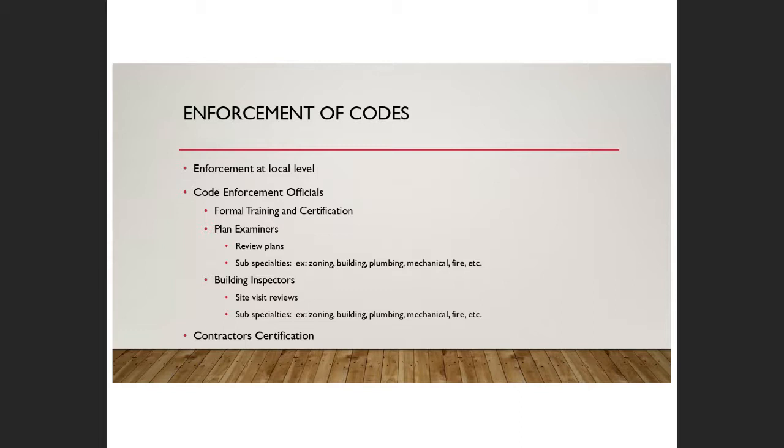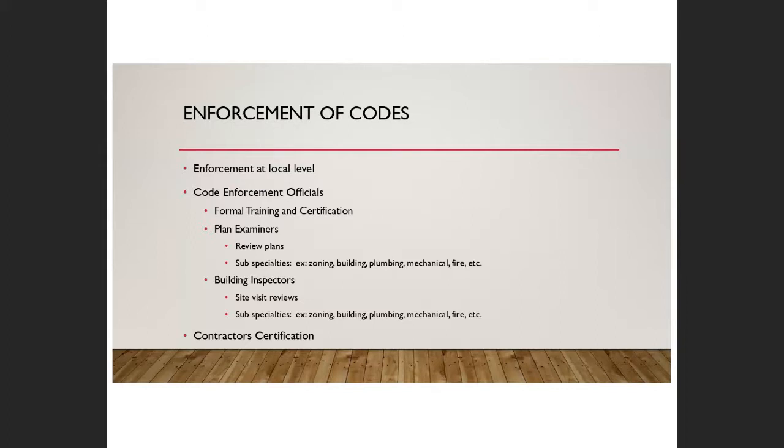If you are building a new building, you or the architect would take that set of plans to the Village of Oak Park, submit the plans, and a plan examiner would review those plans.